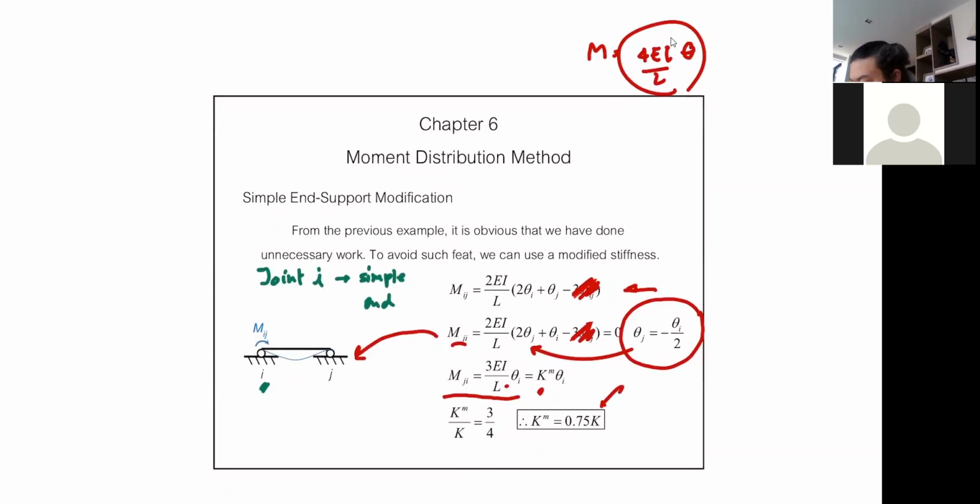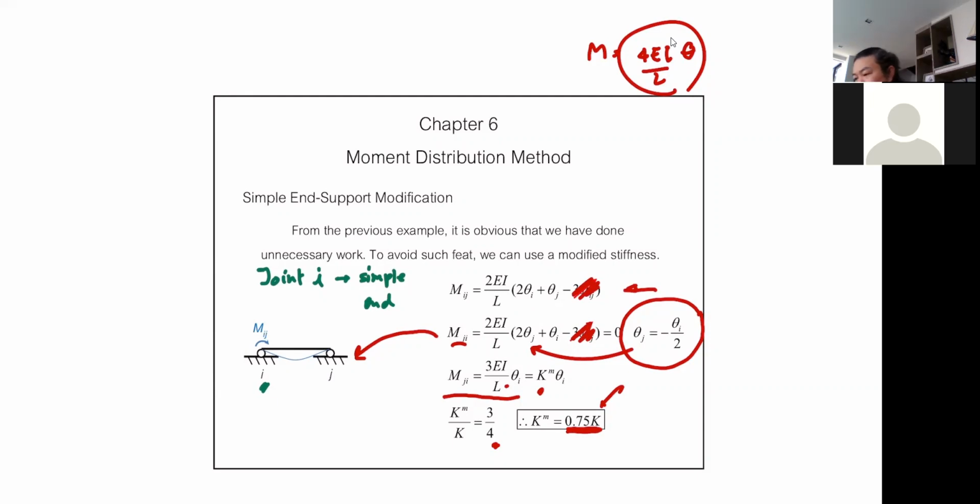So it's 3/4, and there we have it, the modification of 0.75. When you have your relative stiffness and use this modification, the problem with the simple end support is taken care of instantly.